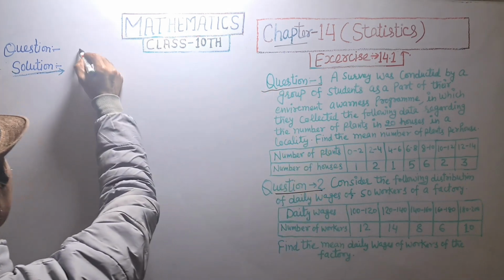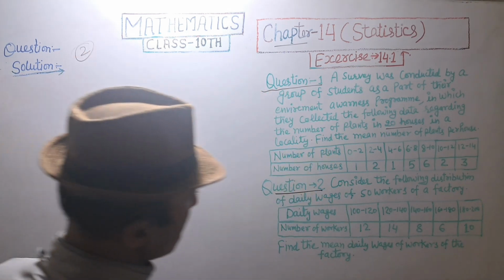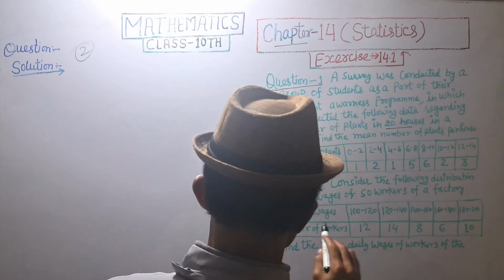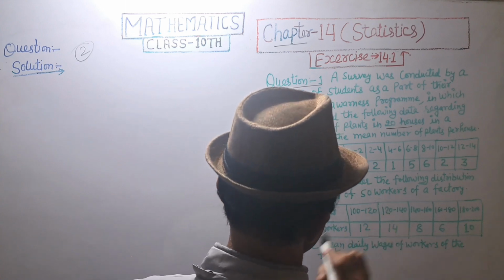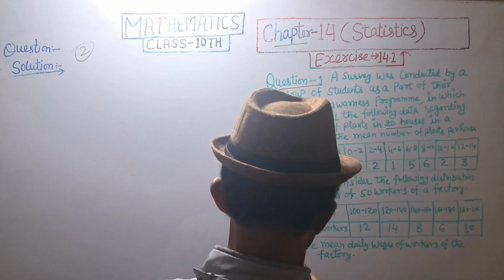Question number 2. Consider the following distribution of daily wages of 50 workers of a factory.